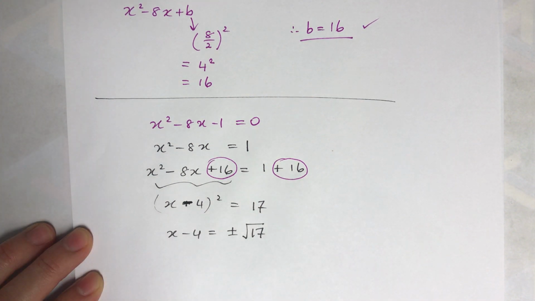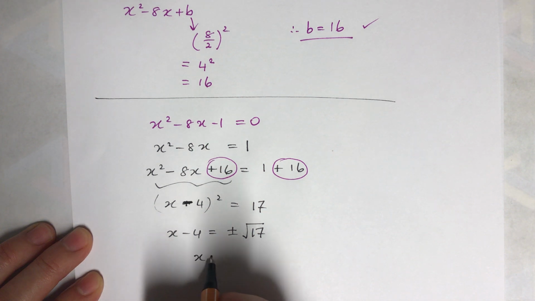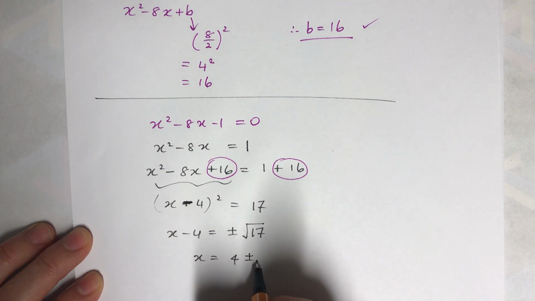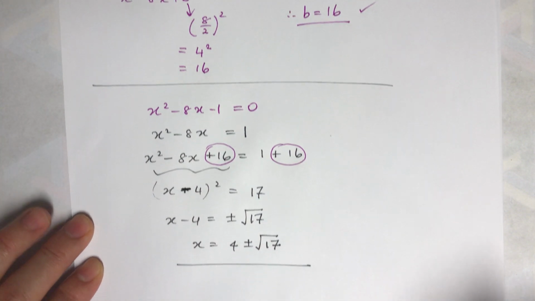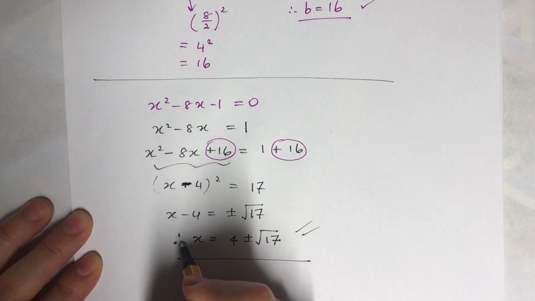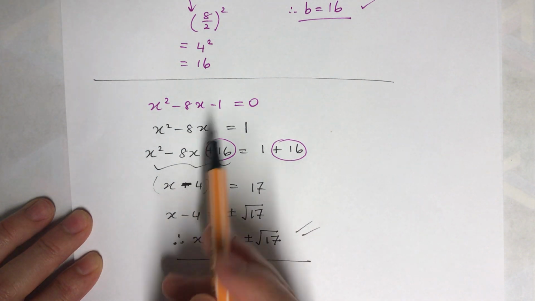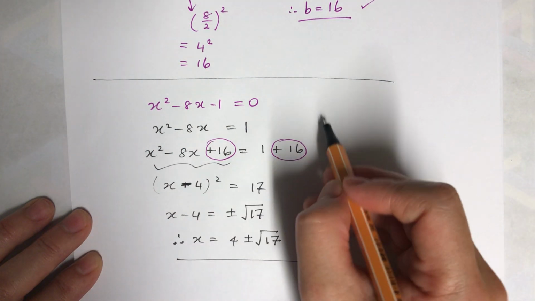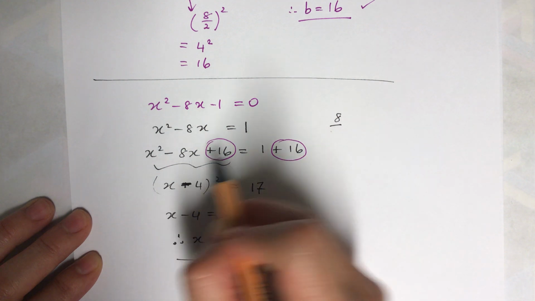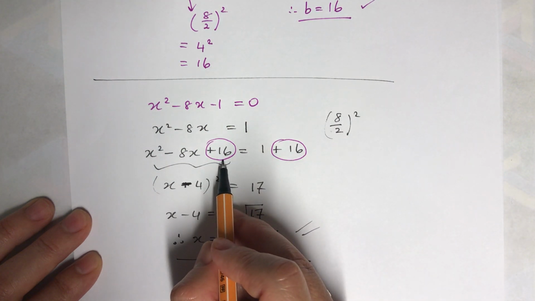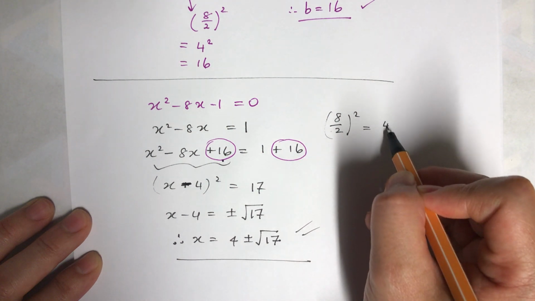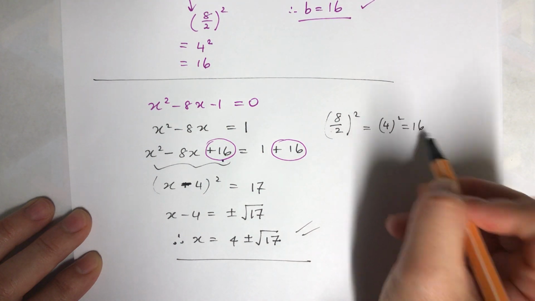Minus 4, I want to get rid of it, so plus 4 plus 4, x equals 4 plus or minus square root of 17. There you go, that's what I've got. So just be careful, half of the coefficient of x and square it is the last term, which is 4 squared is 16.